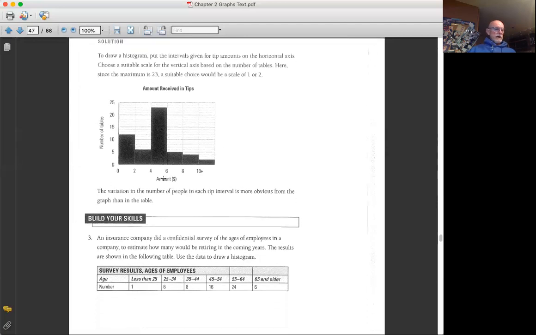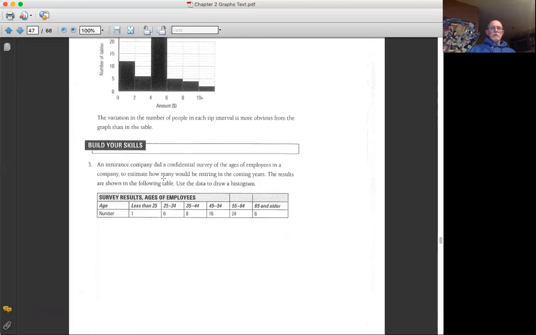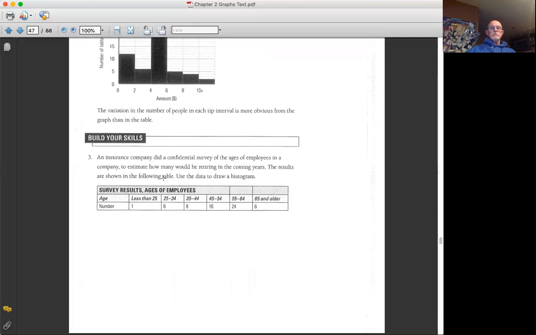Anyway, down the page, you're asked to draw these histograms for ages. Make sure that when you do these graphs, you emulate the one above.